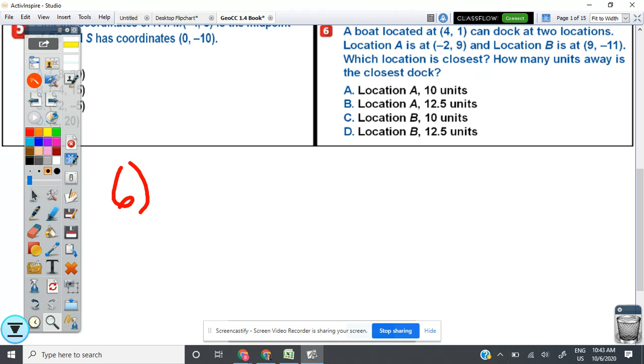Well, I'm going to label this one point C. So we got to find from A to C, and we also have to find from B to C.